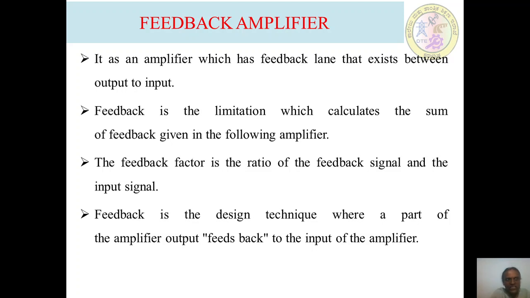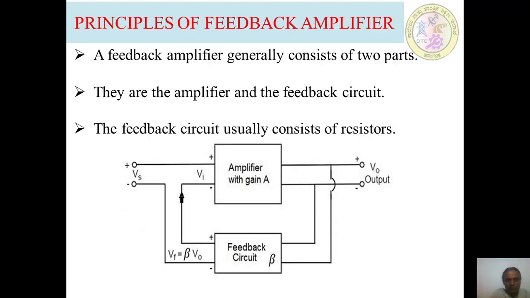Therefore, the noise level in amplifier circuits can be considerably reduced by using negative feedback, done by injecting a fraction of the output in phase opposite to the input signal.